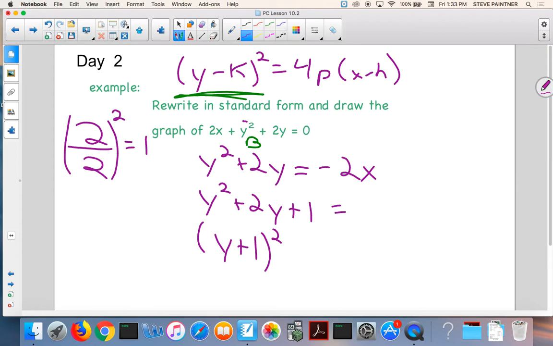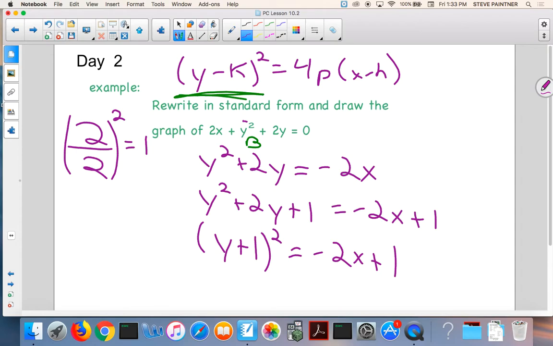But if I add 1 to one side, what do I need to do to the other side? Also add 1. Okay. We're good on the left. We got y plus or minus something squared, so that's good. How about on the right side?